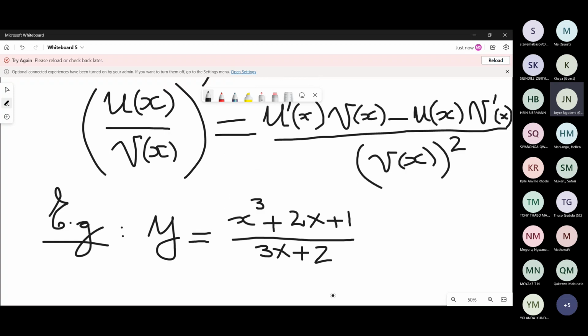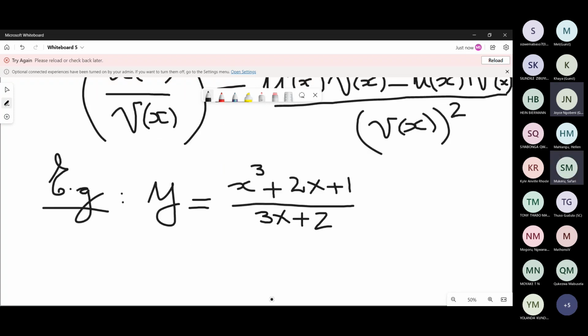They ask you to compute the derivative of y.